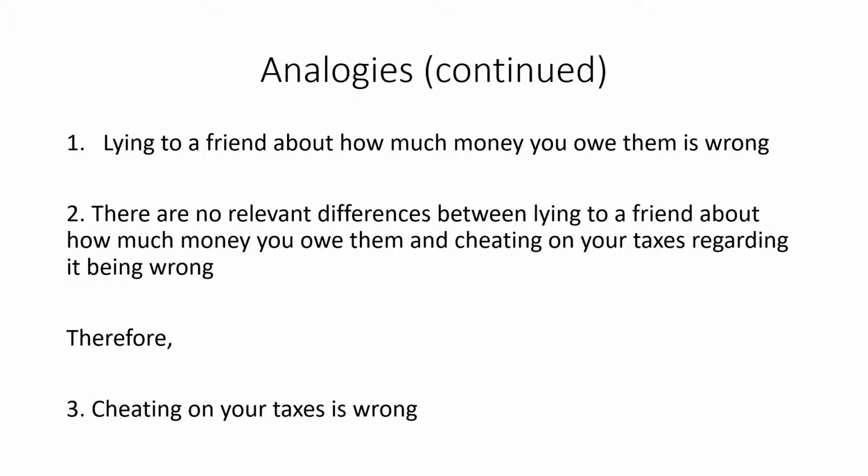So someone might say there is a relevant difference, but somebody else might hold a bit of a stronger moral view on this and say, well, no, in any case where you're lying to somebody about money that you owe them, you're doing the wrong thing. So that's the point I'm trying to push here.